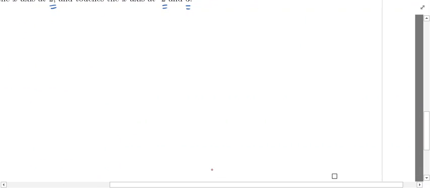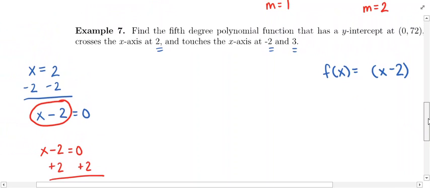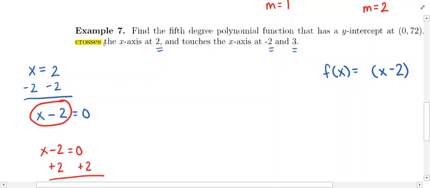I'm going to come over here and start building the function. So far we've got x minus 2. Now remember, you have to pay attention to multiplicity. We are told an important piece of information here. We're told that our polynomial function crosses the x-axis at x equals 2 at this particular x-intercept or 0.